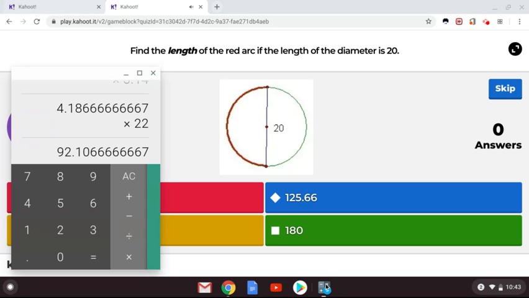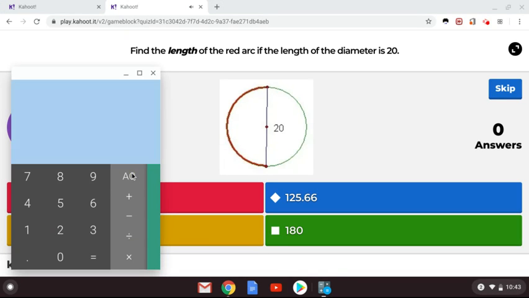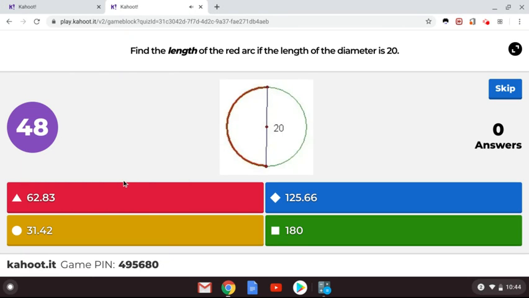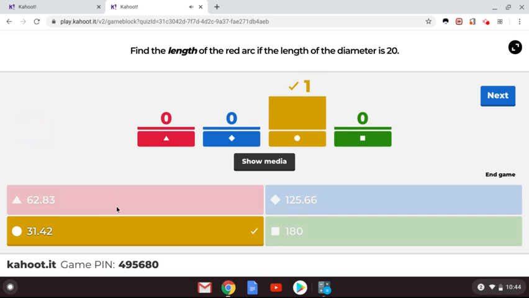So I'm going to do 180 over 360 times 2 times pi times r, which is 10. Ooh, 31.42. There you go.